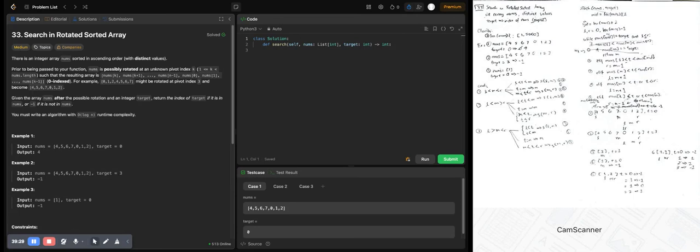Target, no, still no. The left one is less than target. Target is less than mid. Is that it also? No, I think I need to put an else. Return minus 1 over there.